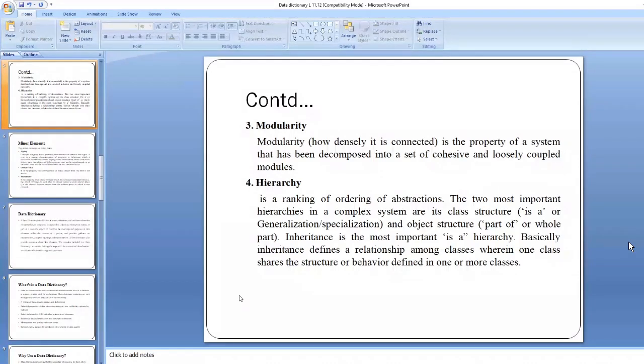Inheritance depicts an "is a" hierarchy, and basically inheritance defines a relationship among classes wherein one class shares the structure or behavior defined in one or more classes.